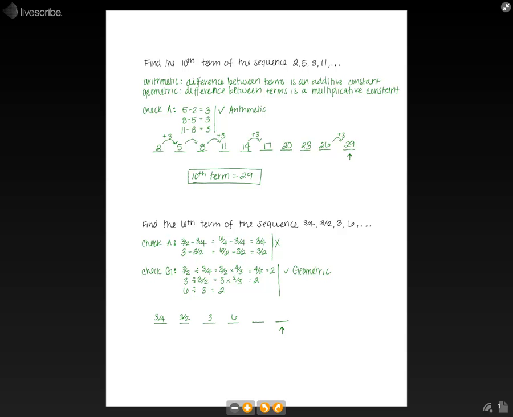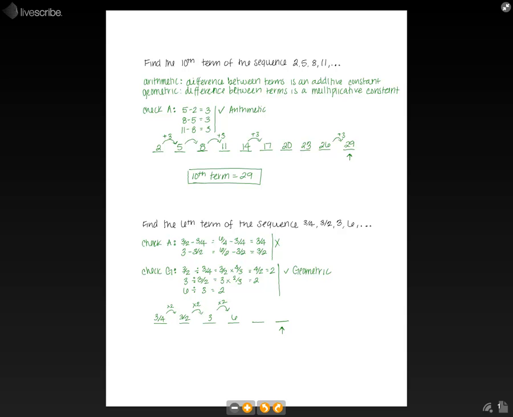Now, since we figured out it was a geometric sequence and that the multiplicative constant was 2, we know that to get from the first term to the second term, all we need to do is multiply by 2. Same thing again to get from the second term to the third term, and same thing again to get from the third term to the fourth term.